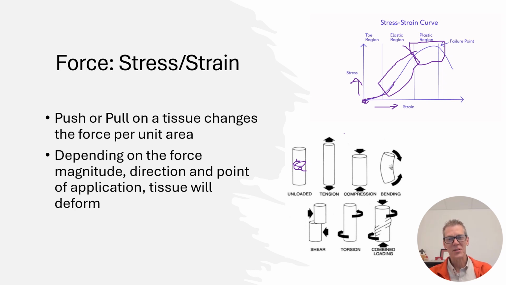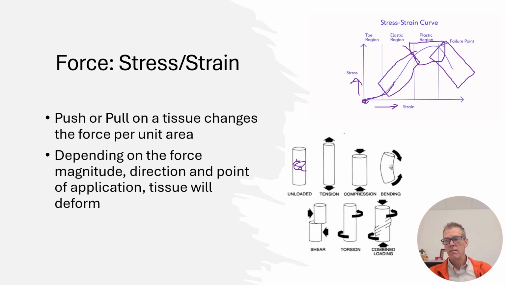That's the first sign of trouble, the plastic region, and that starts to make some permanent changes in the integrity of the tissue, such that once that stress is released, the tissue doesn't necessarily go back to its original shape. It might stay a little bit elongated in the example of tension, right? If you keep applying tension and work it into that plastic region, you might have some permanent deformation. And then, of course, you reach a point where that tissue will fail and it'll be disrupted.